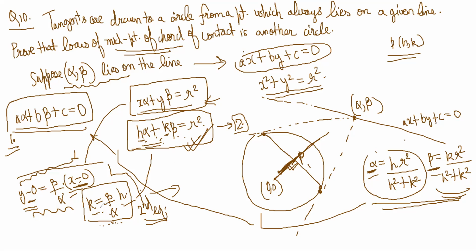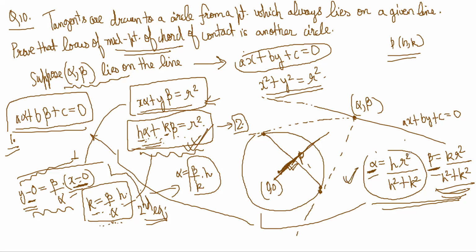Aditya. So now you have k is equal to beta by alpha h and this equation also. These two equations you can now solve for alpha and beta. You can just do alpha is equal to beta by k into h and substitute that. In this you'll get beta is equal to this and alpha is equal to this.